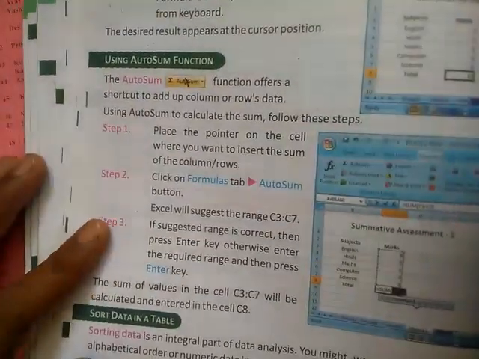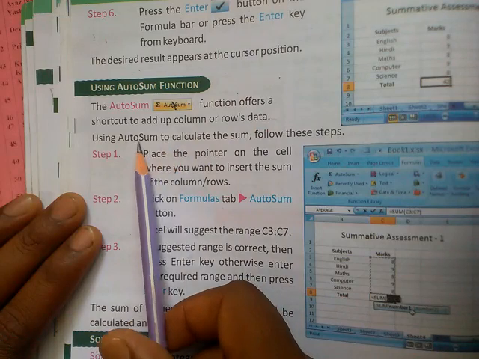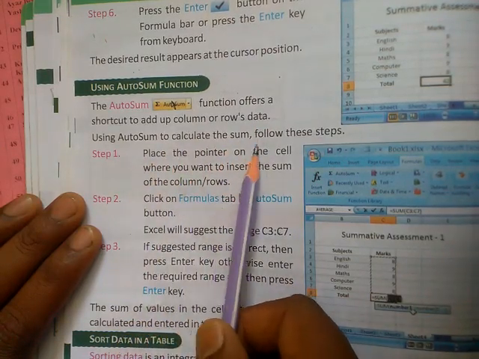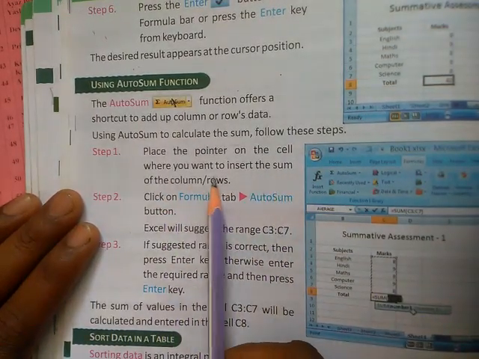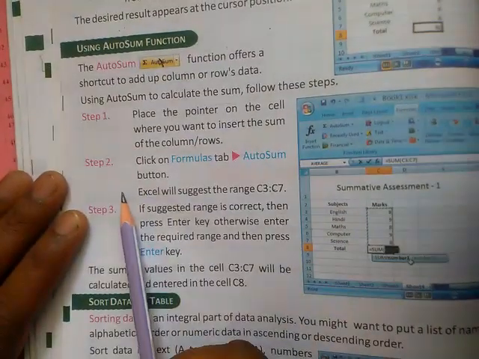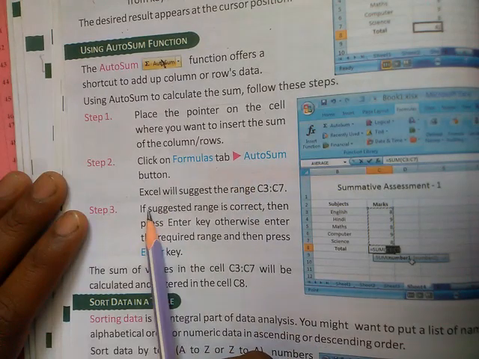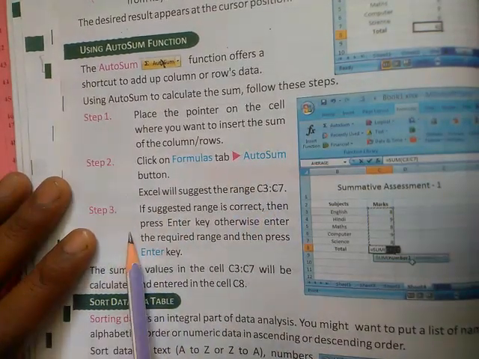Now, using the AutoSum function. The AutoSum function offers a shortcut to add column or row data. To use AutoSum to calculate the sum, follow these steps. Step number 1, place the pointer on the cell where you want to insert the sum of the column or row. Step 2, click on the Formulas tab, AutoSum button. Excel will suggest the range C3 to C7.